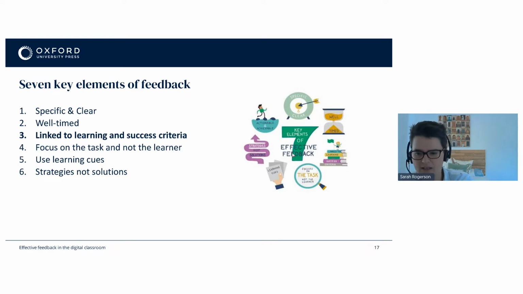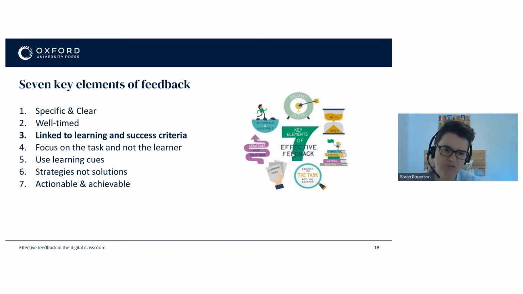So feedback should provide students with the opportunity to develop strategies to improve their learning. And then if we move on to the final point, feedback should be actionable and achievable. So the feedback you give your students, they should be able to go away and do something about, and they should be able to achieve that thing. There's no point giving students feedback that is beyond their capabilities.